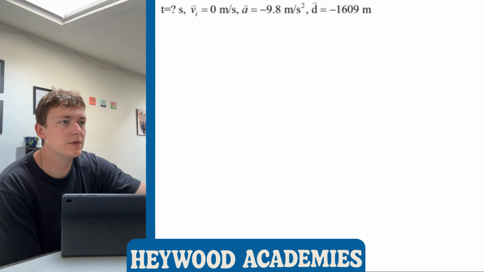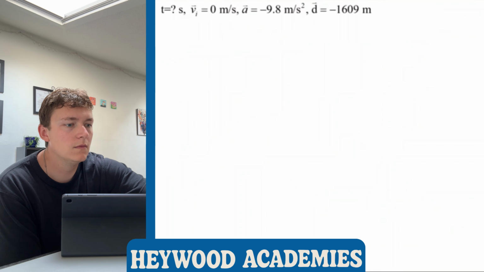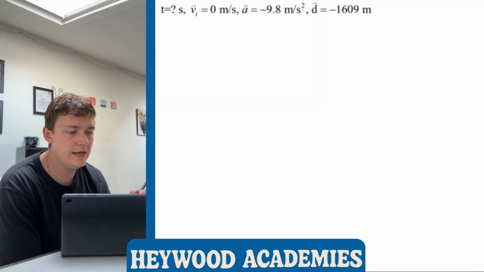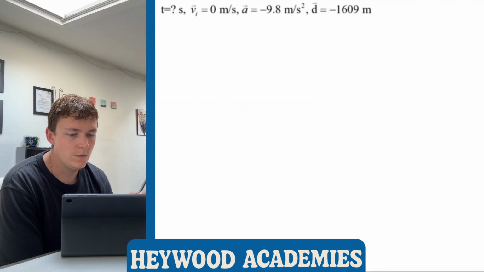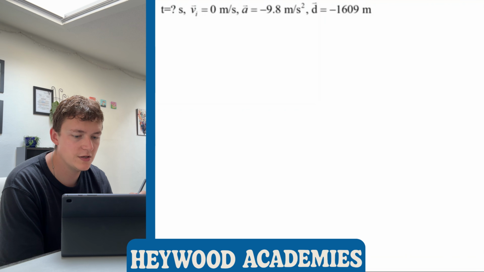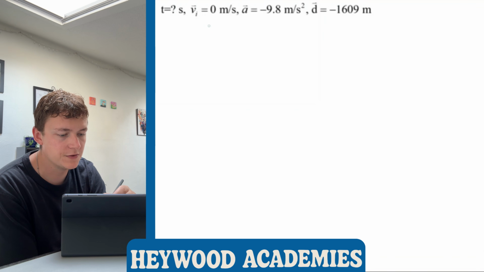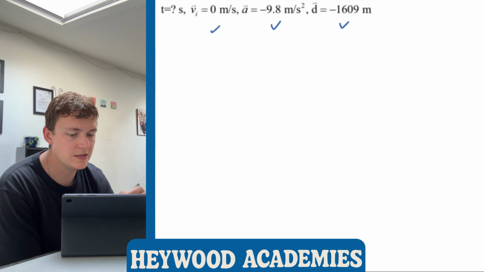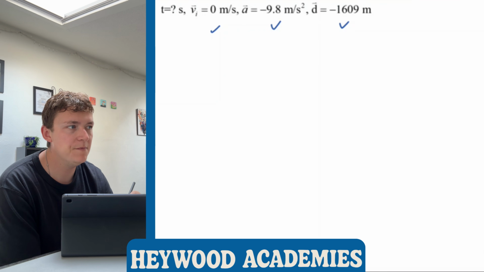Okay, moving on to the next one. We've got one more of these, and a similar setup here as the last one, just with different numbers. So initial velocity is also 0, acceleration is actually the same, displacement is a different number, and we're looking for time.